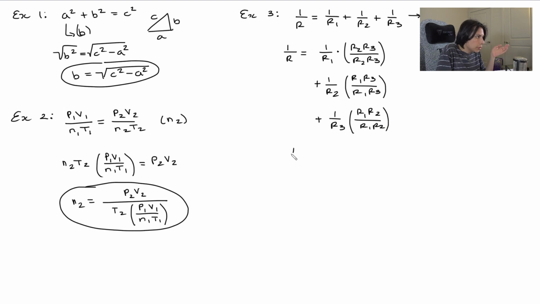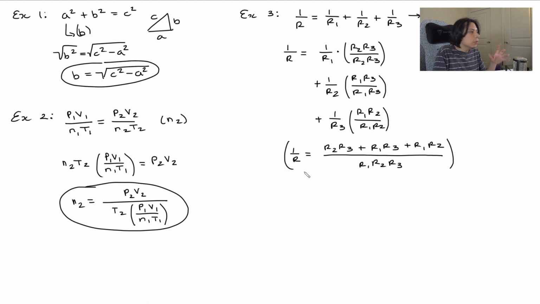What this reduces to is 1 over R. We're going to add all the numerators because we have the same denominator. So this becomes R2 R3 plus R1 R3 plus R1 R2, divided by R1 R2 R3. Then to isolate R, well, it's already isolated, but to make it clean and just be R, we're going to take the inverse.